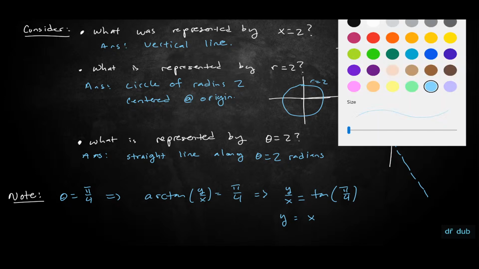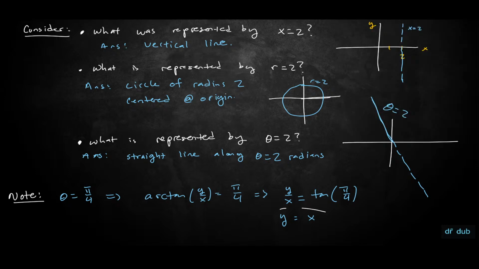So that we can see is a straight line with a slope of 1, which is just the angle pi over 4. So I'll just draw that one right here.